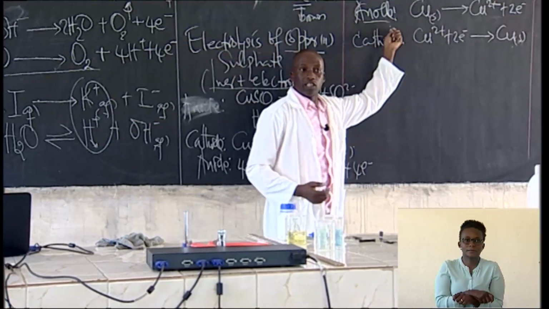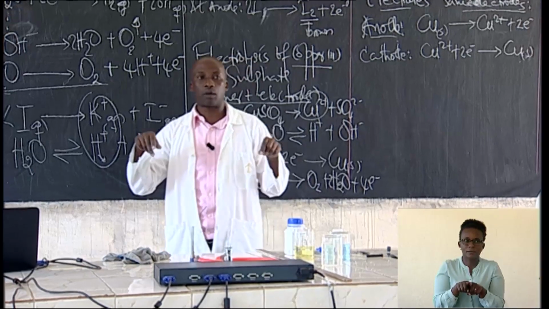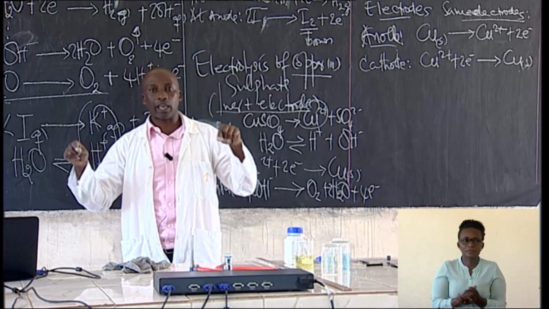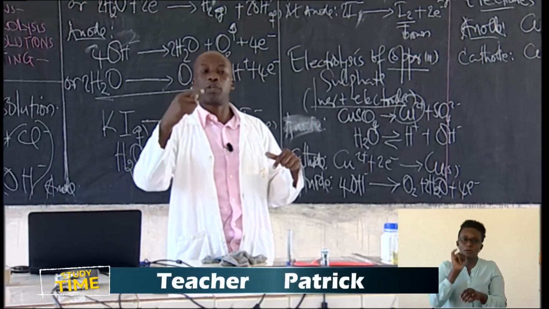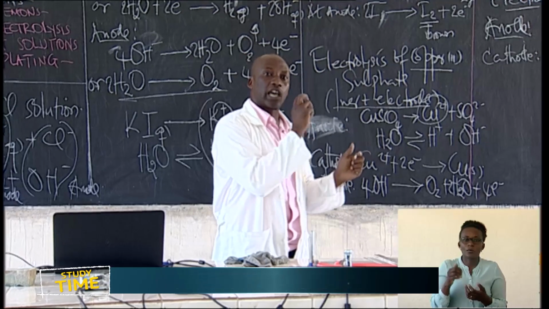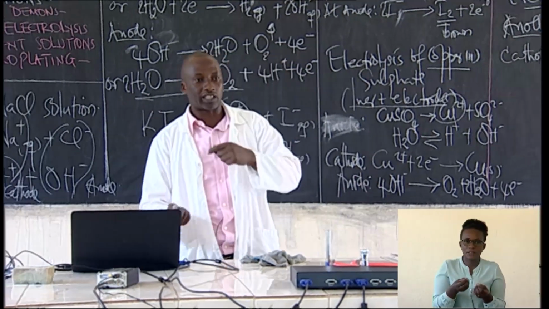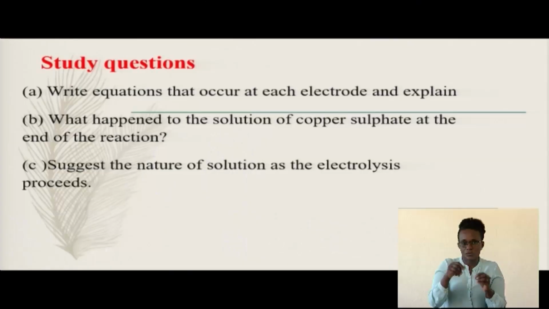But when the electrodes are the same, we expect the solution to remain. Why? Because the copper 2 ions are removed from one electrode and replaced at another electrode. That suggests the nature of the electrolyte as the reaction proceeds; I've talked about that.